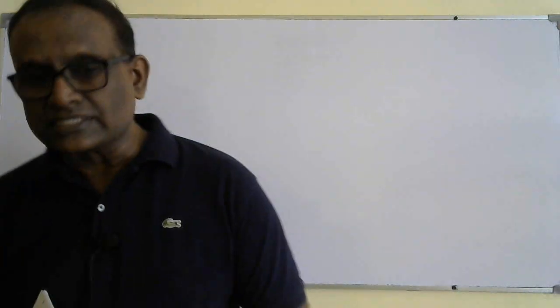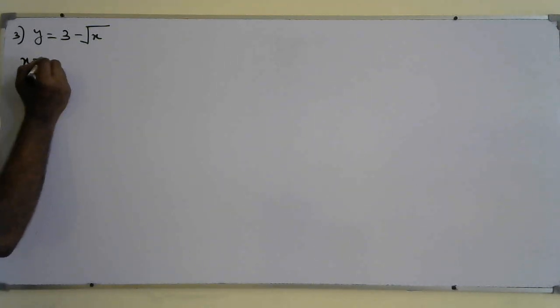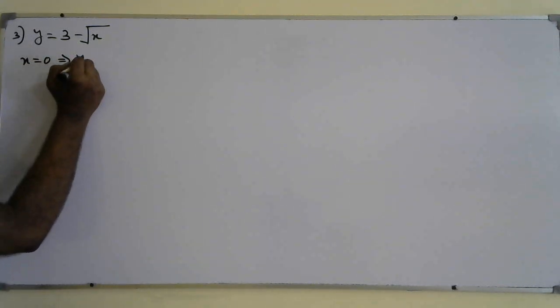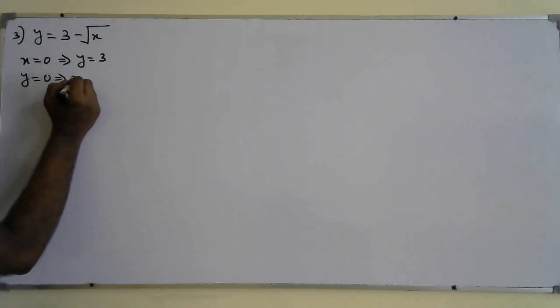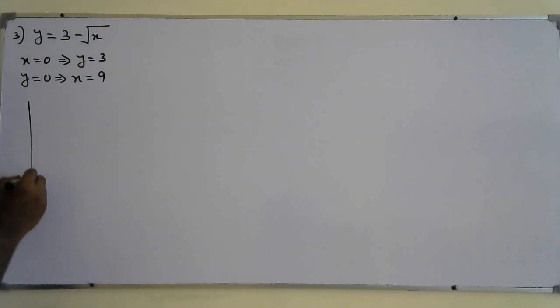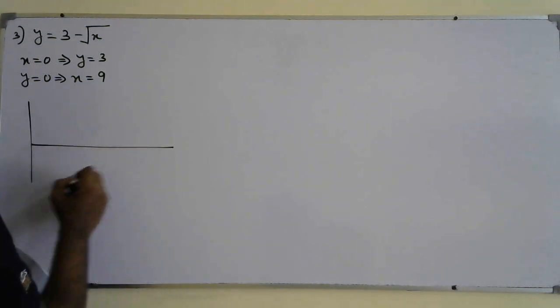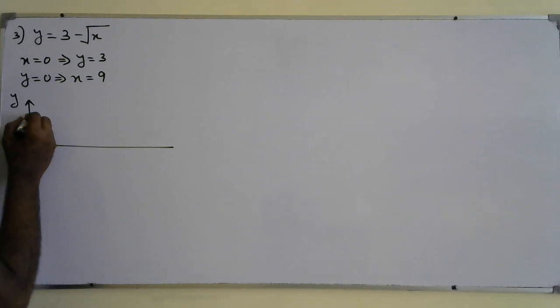So we'll sketch the graph. We know that when x equals 0, y equals 3, and when y equals 0, x will be 9. So the shape of the graph will be something like this.